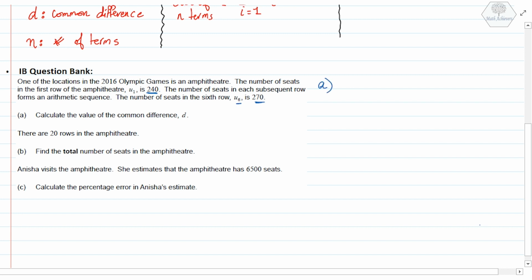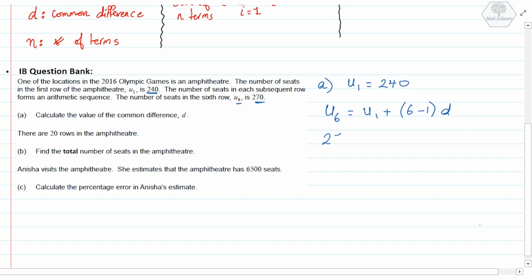So now, for the common difference, I know that U1 is equal to 240 and U6 is equal to 270. What's the formula of U6? U6 is equal to U1 plus n minus 1, which is 6 minus 1, times the common difference. Let's just substitute 270 instead of U6.